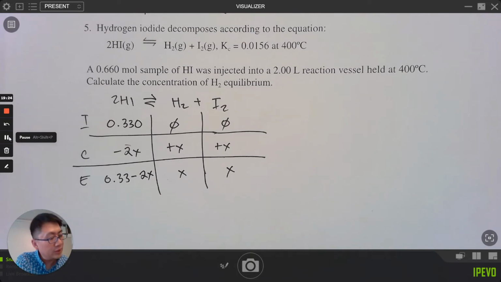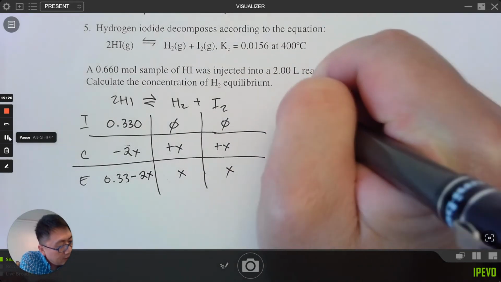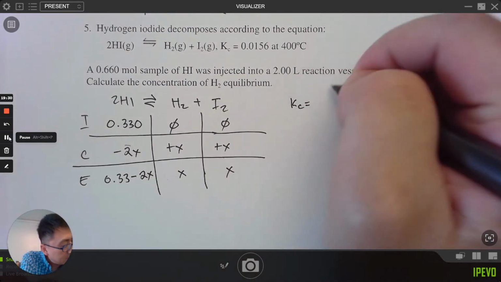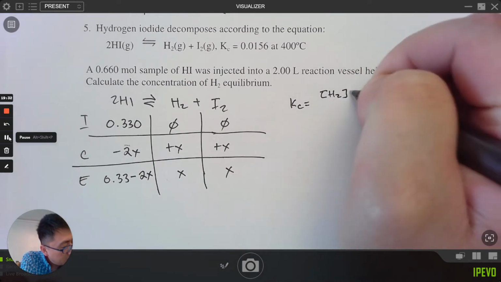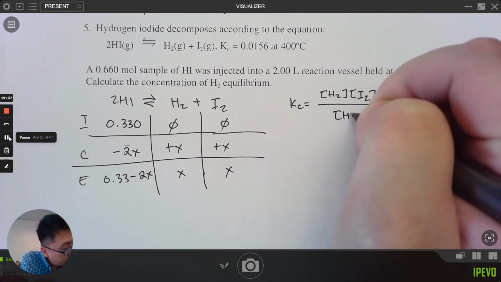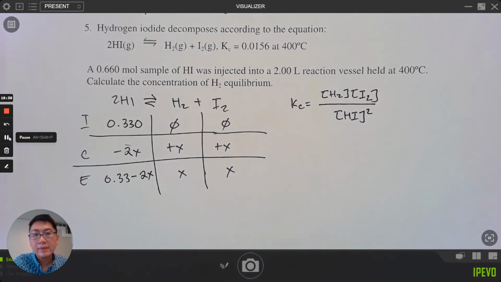Now I can write the equation for Kc, which is products over reactants. The products, hydrogen and iodine, over the reactants, HI squared. What is Kc again? Wait, it was given.